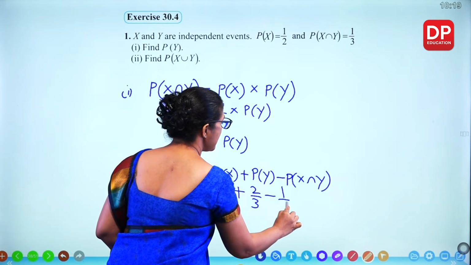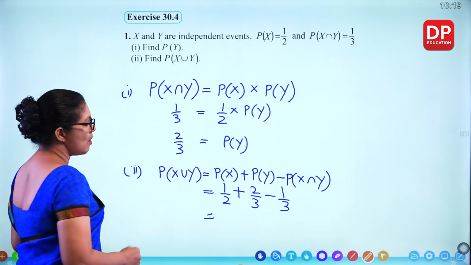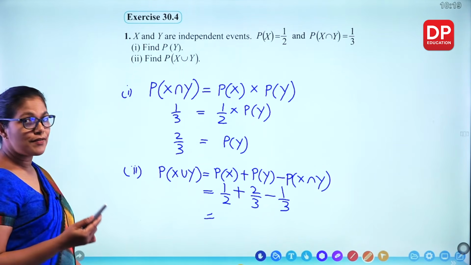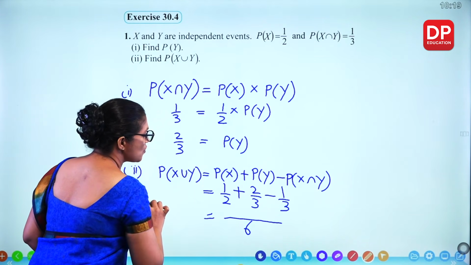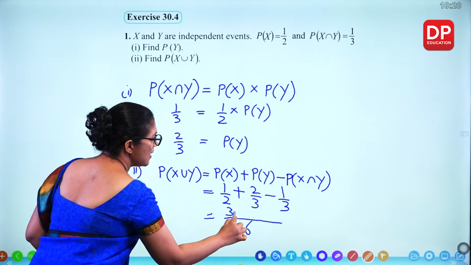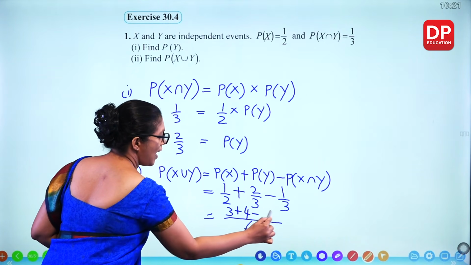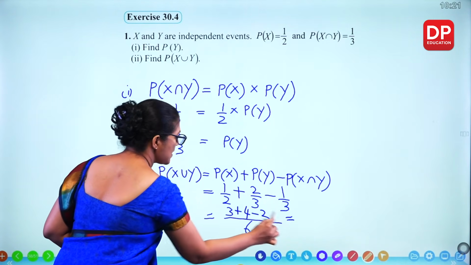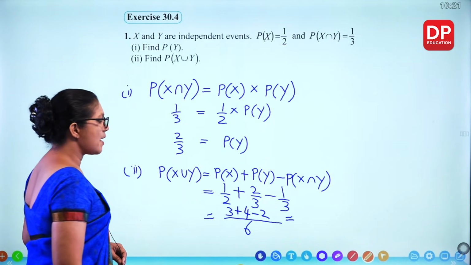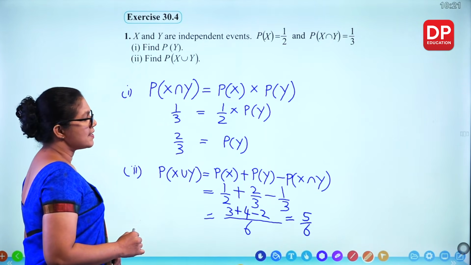So what's the common denominator? 2 and 3, you get 6. 3 times 2 is 6, so you get 3 here. Here 6, 2 times 2 is 4, and 2 times 1 is 2. So what's the answer? 3 plus 4 is 7, 7 minus 2 is 5. So the answer is 5/6.